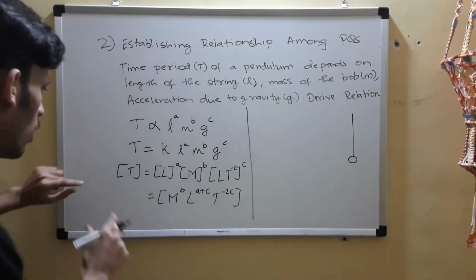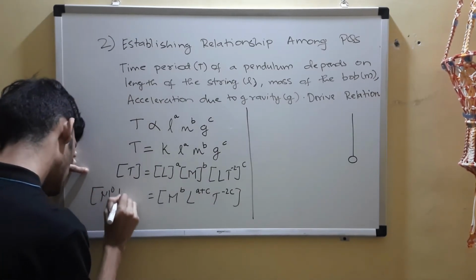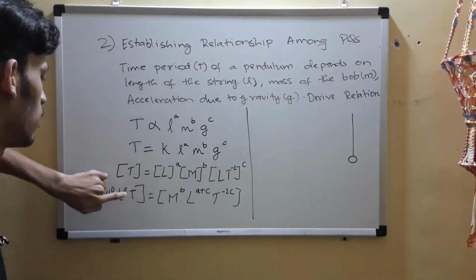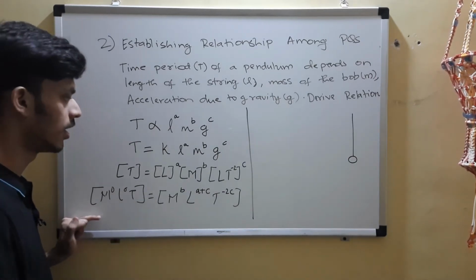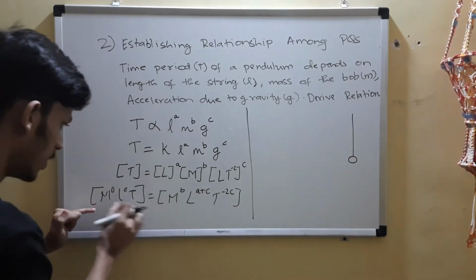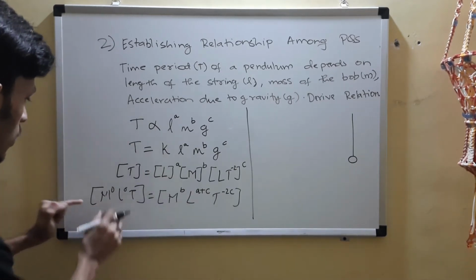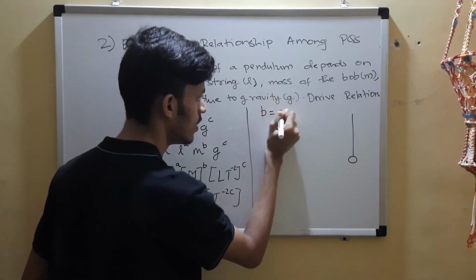Now the left side can also be written as M0, L0, T1, since it's time, so 1 in T and the others are 0. Now you have to compare the powers. M raised to 0 and M raised to B: the bases are the same, so the powers should also be the same, which means B is 0.